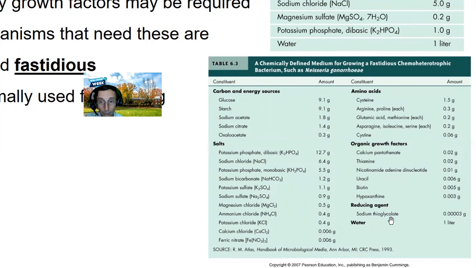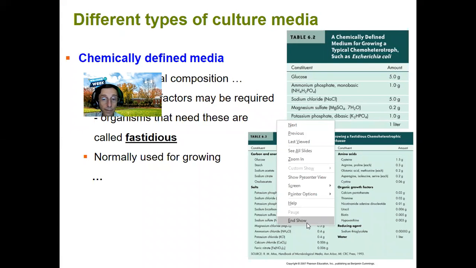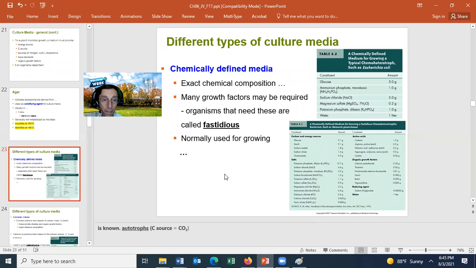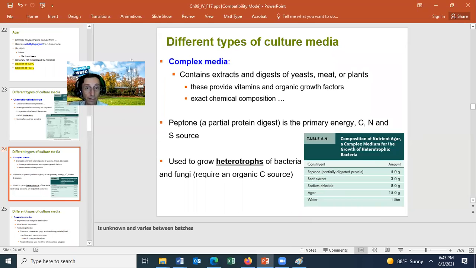Hypoxanthine, sodium thioglycolate to remove the oxygen, cysteine for an amino acid. So this organism is fastidious. Now, most fastidious organisms would not grow here because they require other things like vitamin C. We'll talk about fastidious organisms in a minute.